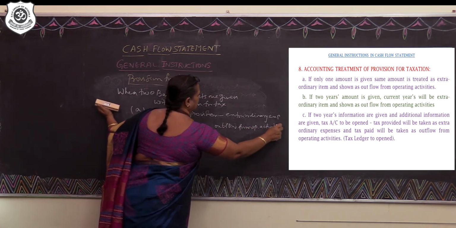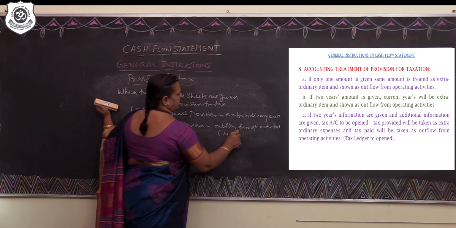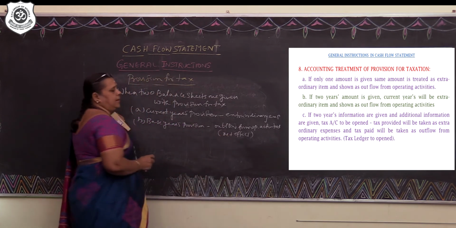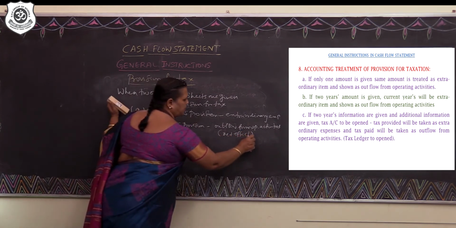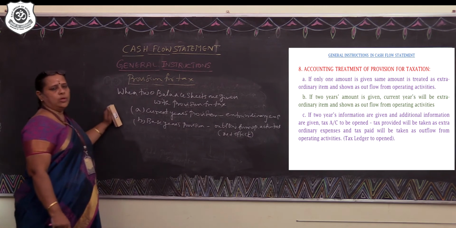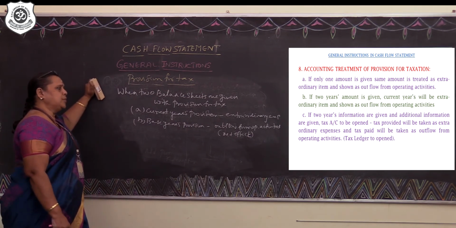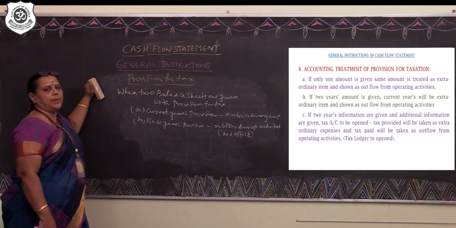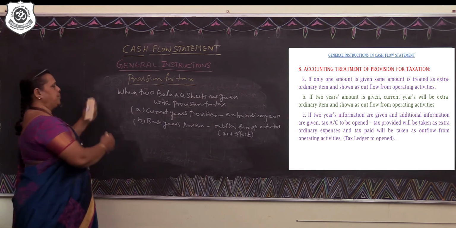Again, it is the net effect. So, if two years' figures are given, current year's provision will be an extraordinary expense and base year's provision will be outflow from operating activities after subtracting income tax refund.